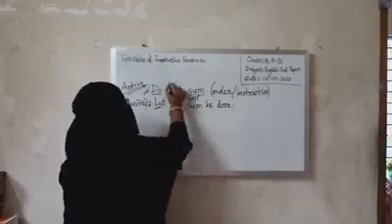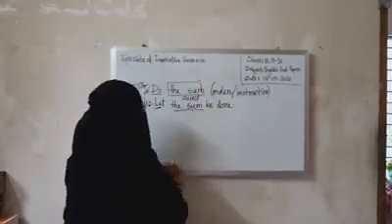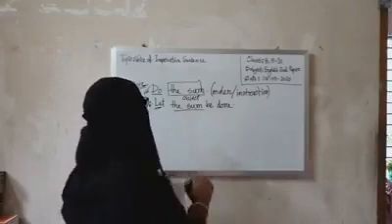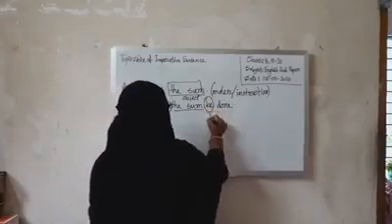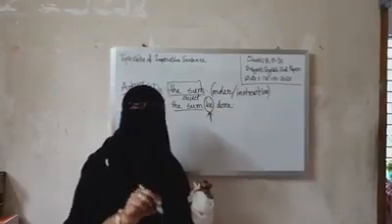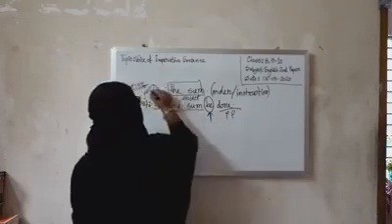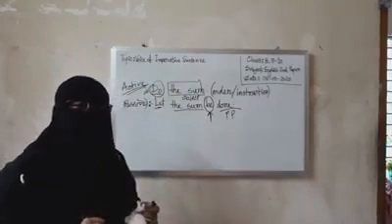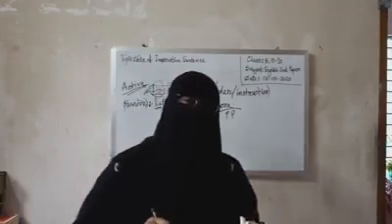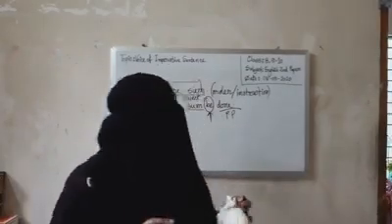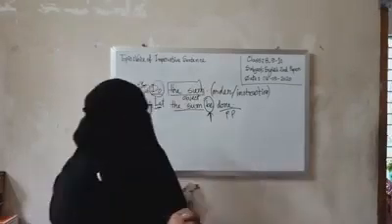Then we have to use the object of the sentence, and then we have to use be, and then the past participle form of the main verb. Can you understand? I hope you are understanding.